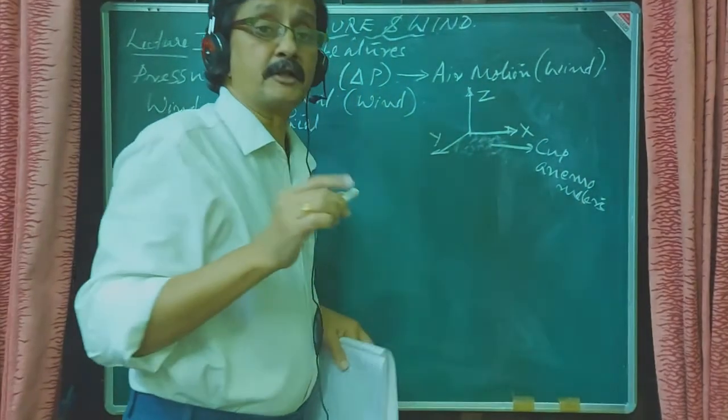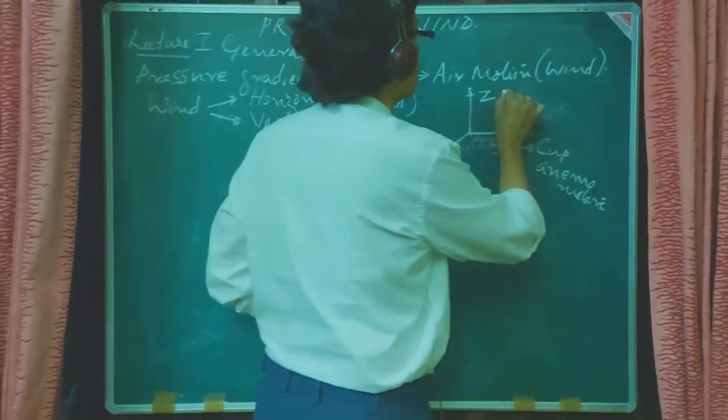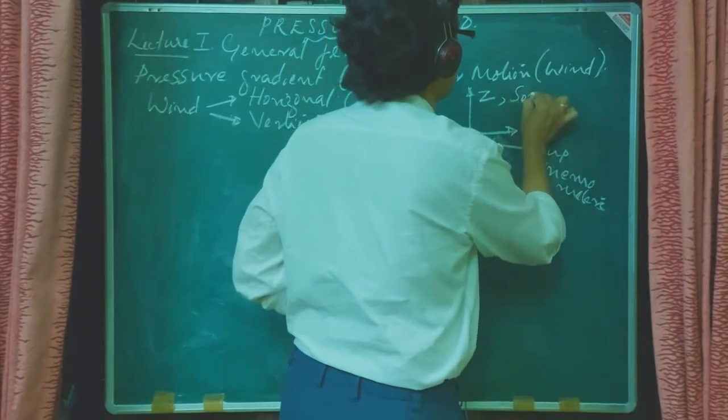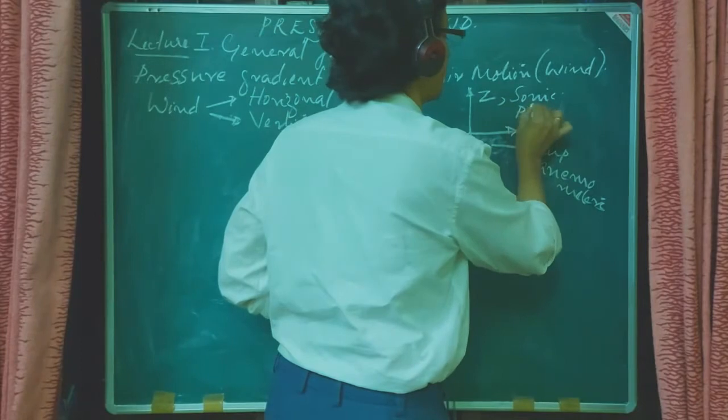Whereas for the vertical component, we have to use some special instrumentation. One such instrument is the sonic anemometer, and another one is the propeller type of anemometer.